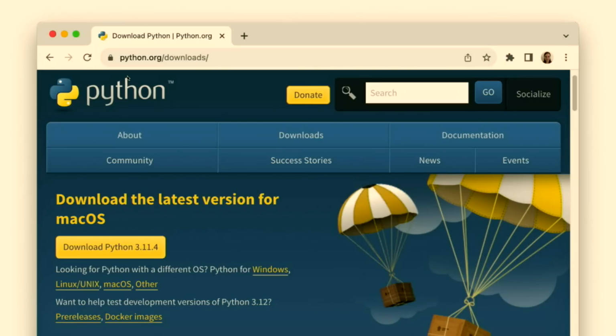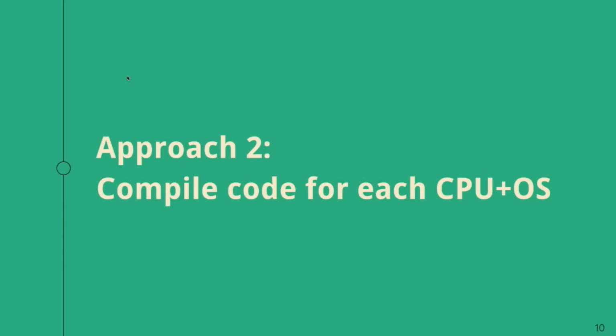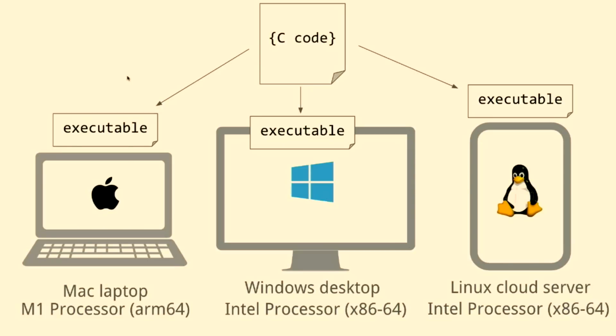And so CPython itself takes the other approach. Approach 2 is to have some code that you compile into a different version to run on each different CPU and operating system. We have C code, which is our Python code, CPython itself. We compile it to different executables for these different machines, which means we need to have several different versions of Python running around.